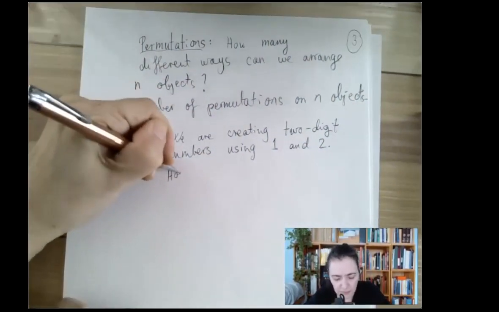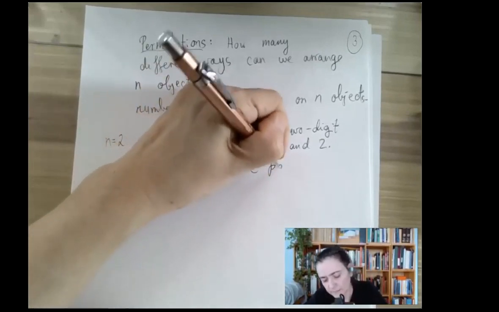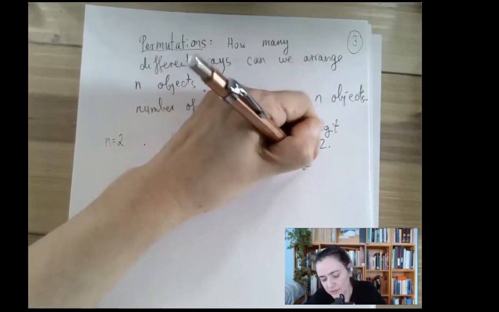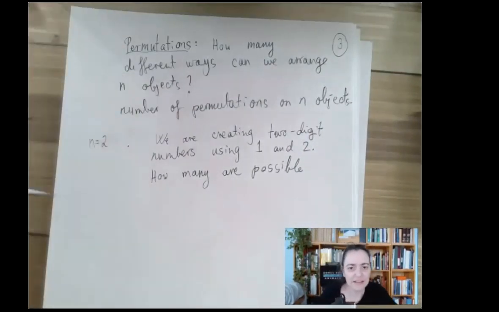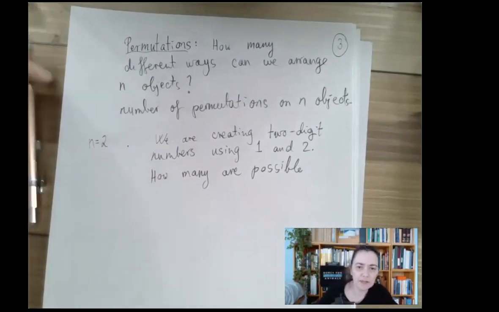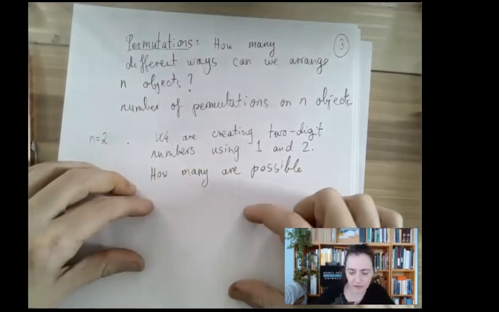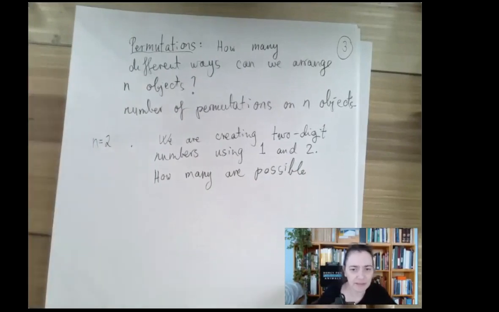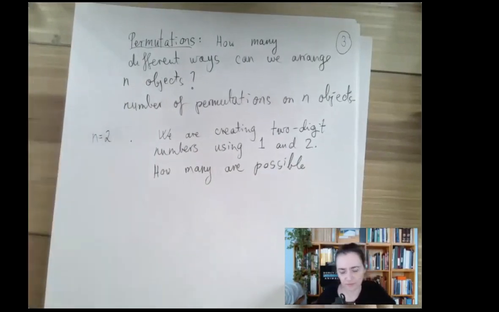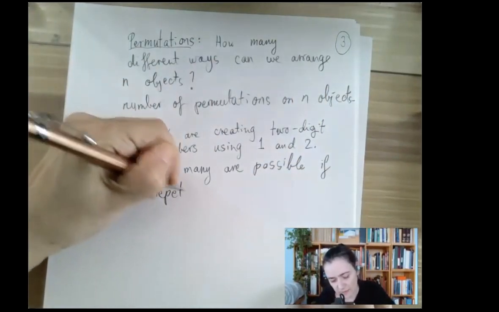How many are possible? This is not a permutation yet, because 11 is not a rearrangement of 1 and 2. So imagine that we just have one little card that says 1 and one little card that says 2, and all we can do is swap them. So in other words, repetition of digits is not allowed.